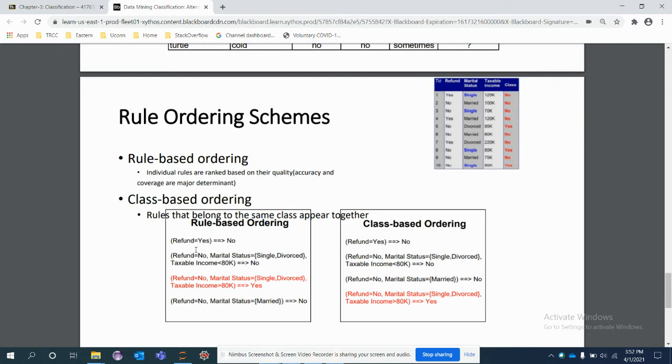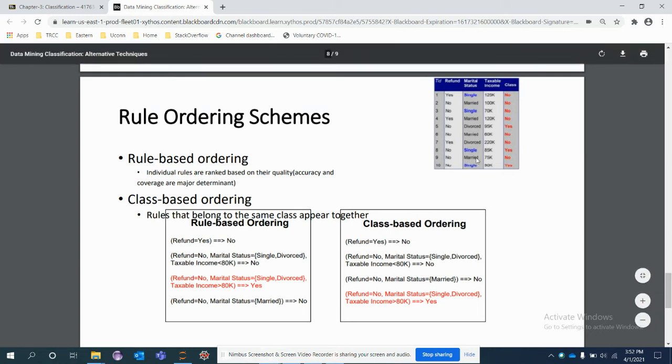And in the class based ordering, the rules that belong to the same class appear together. For the rule based and class based ordering, you can find some of the rules provided based on the data set. You can make the comparison on your own.